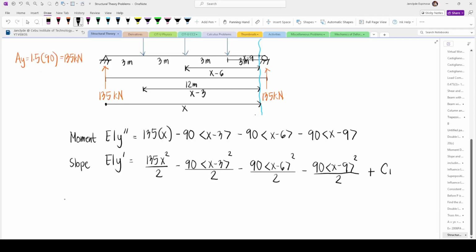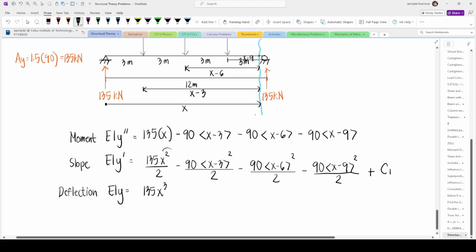And so now we're gonna form the deflection equation. So for the deflection equation, we have EIy, and then this becomes 135 x cubed, plus 1 sa exponent, and then divided by 2 times the new exponent, so 2 times 3, and then minus 90 times x minus 3. This will now be cubed divided by 2 times 3 again.